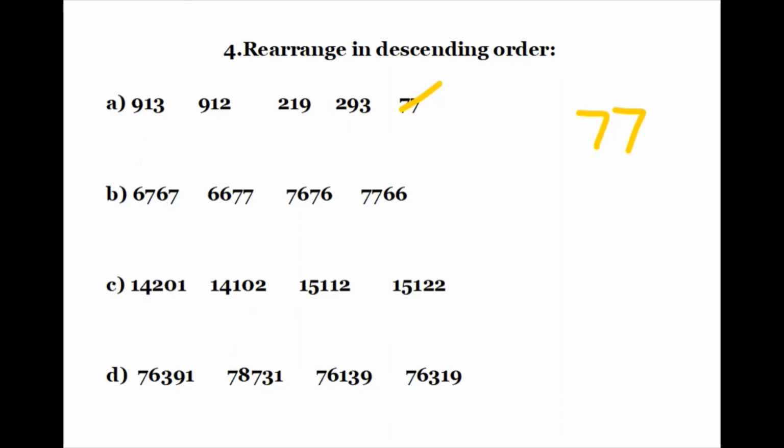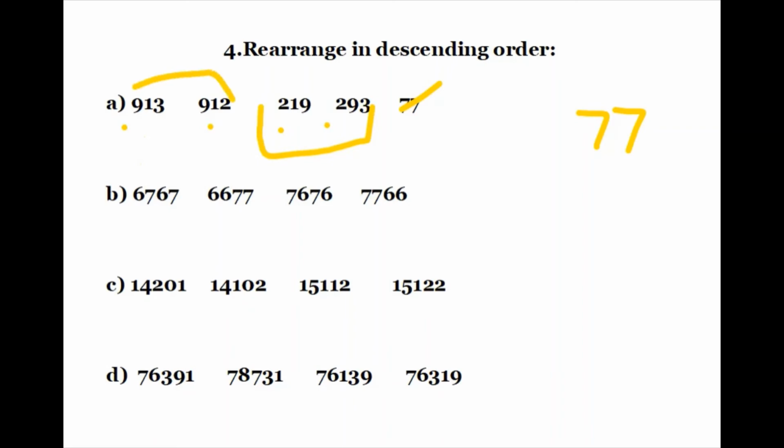and since they're positive numbers, we can still use the 2 instructions I gave you in the previous slides. So we look at the first digit, 9, 2, and 2. We can immediately see that these 2 are smaller than these 2 numbers.